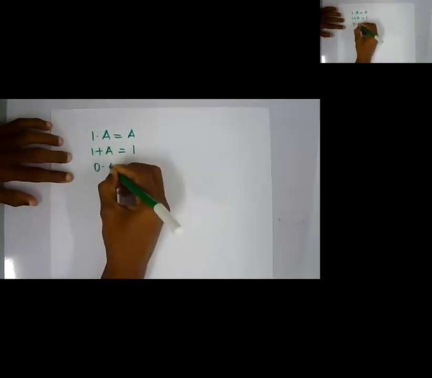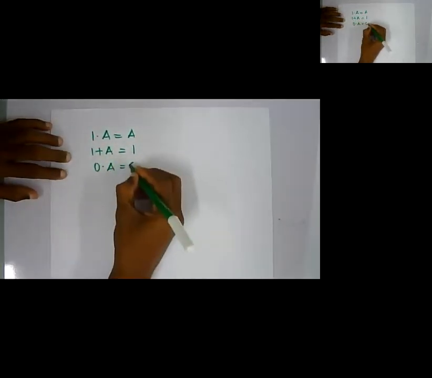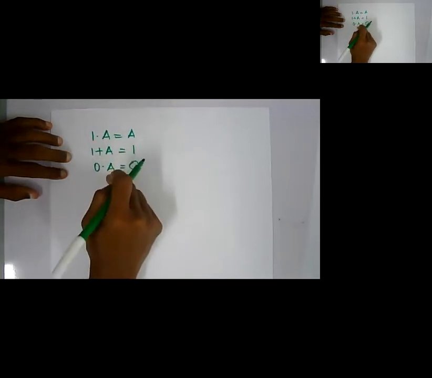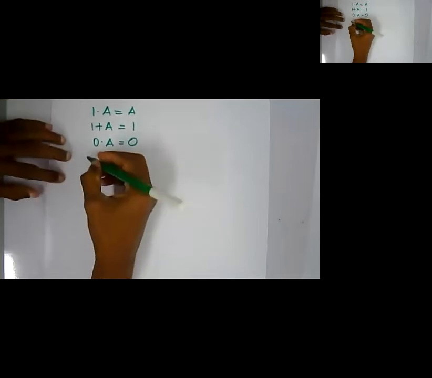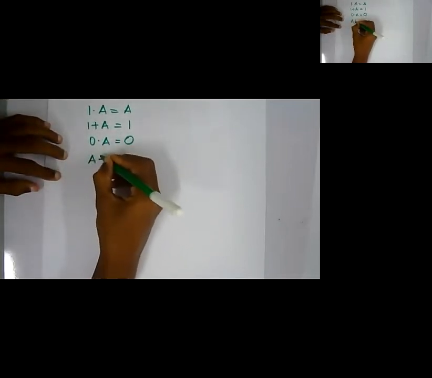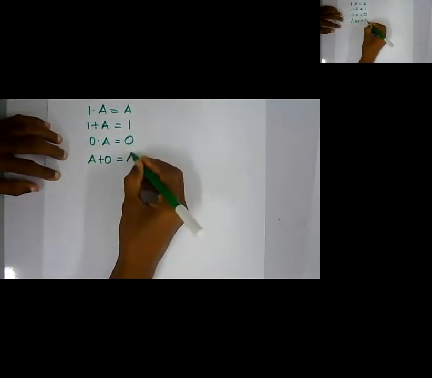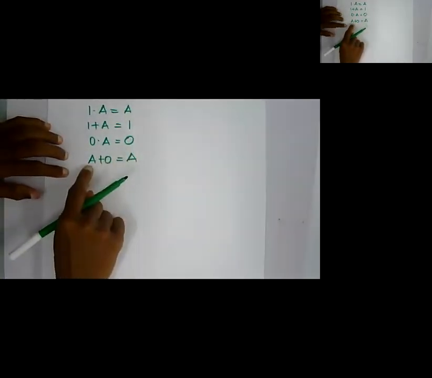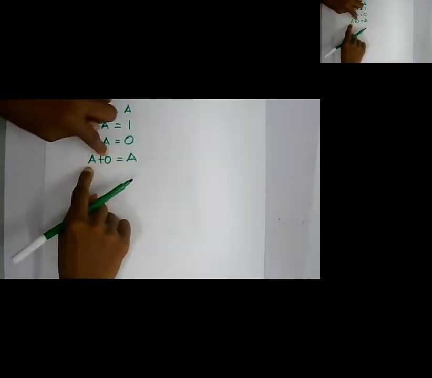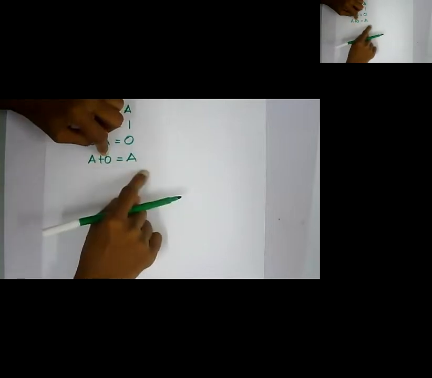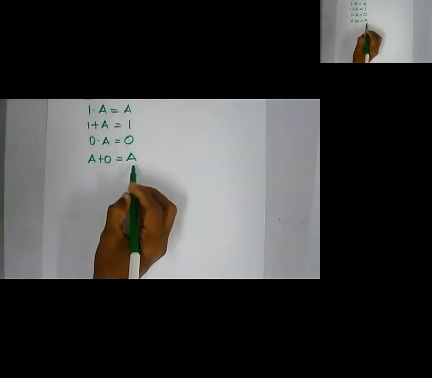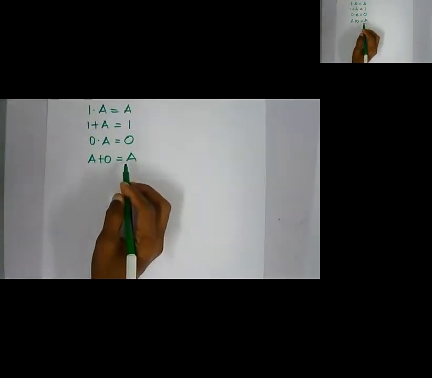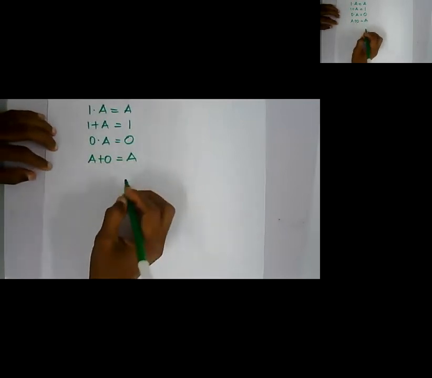Similarly, 0 dot a equals 0. A could be either 1 or 0, but my result is 0. Again, a plus 0 becomes a. If a is 1, 1 plus 0 becomes 1. If a is 0, 0 plus 0 becomes 0. So my result is the same as the previous value.